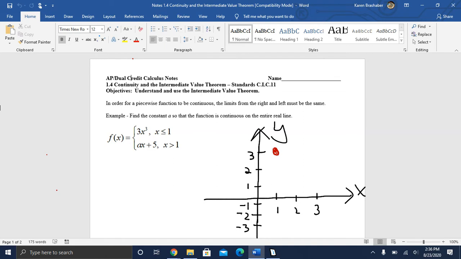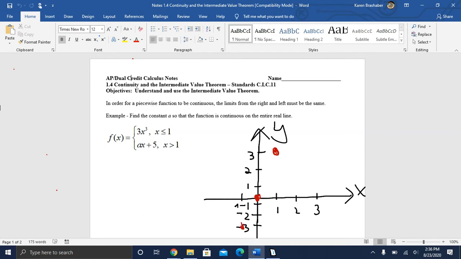When x is 0, 3 times 0 to the third would give us 0. I'll do one more. When x is negative 1, we take negative 1 to the third power, and that'll be negative 1, and then times 3, we'll get negative 3.